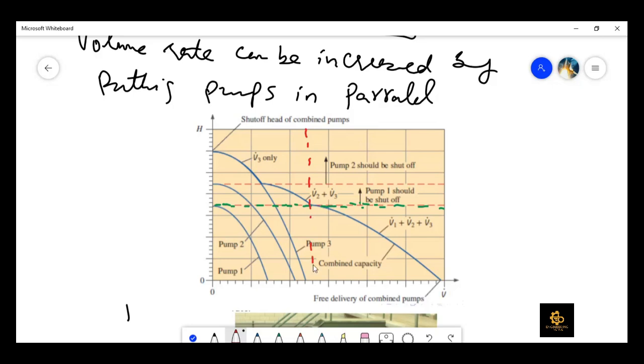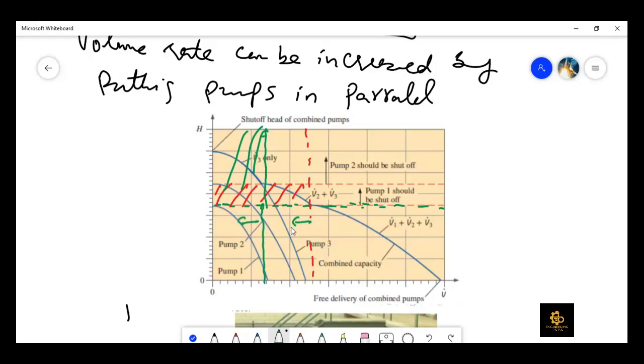If we are operating in this net head range, then the maximum volume flow rate we can have would be only this. And if we are operating somewhere here, then the maximum can be up here.